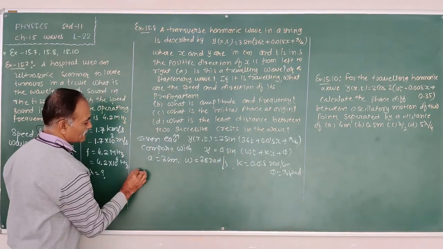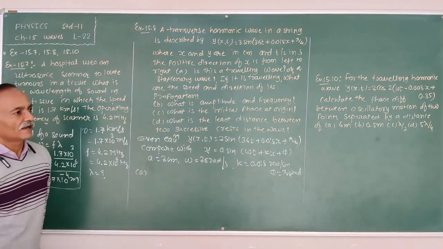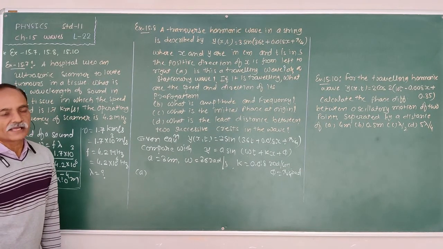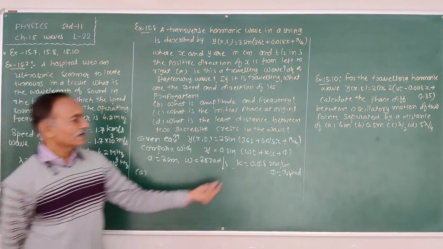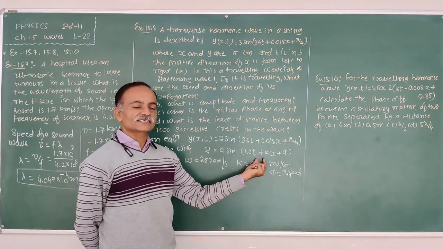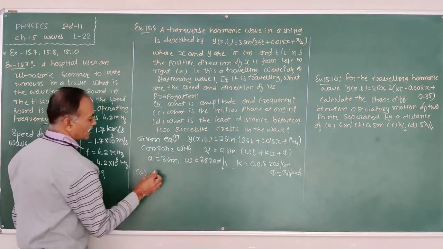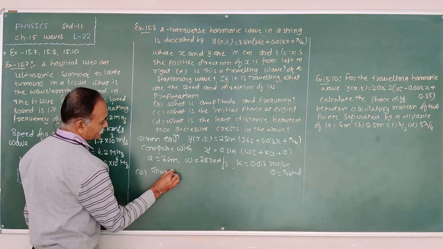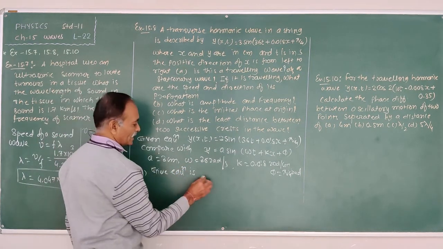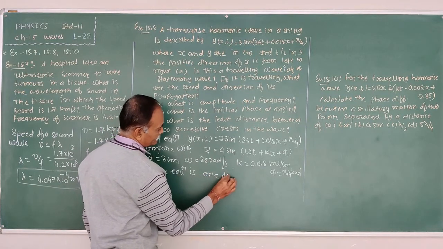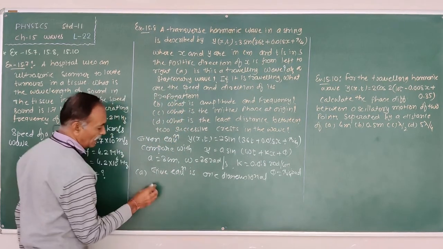Now answer the first question. The given equation is a one-dimensional traveling harmonic wave, propagating along, here x is positive, therefore it is propagating in the minus x direction.